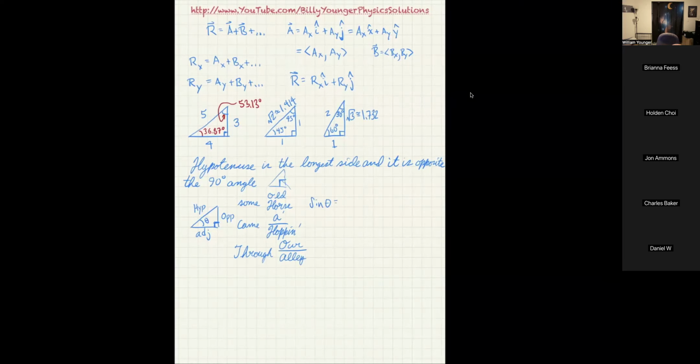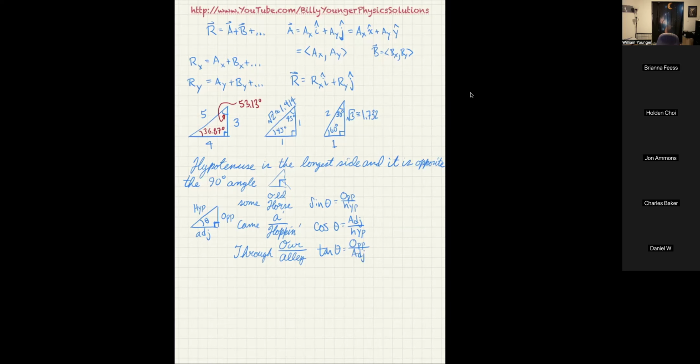Now that also means sine theta is equal to opposite over hypotenuse. Cosine theta is equal to adjacent over hypotenuse. And tangent theta is equal to opposite over adjacent.